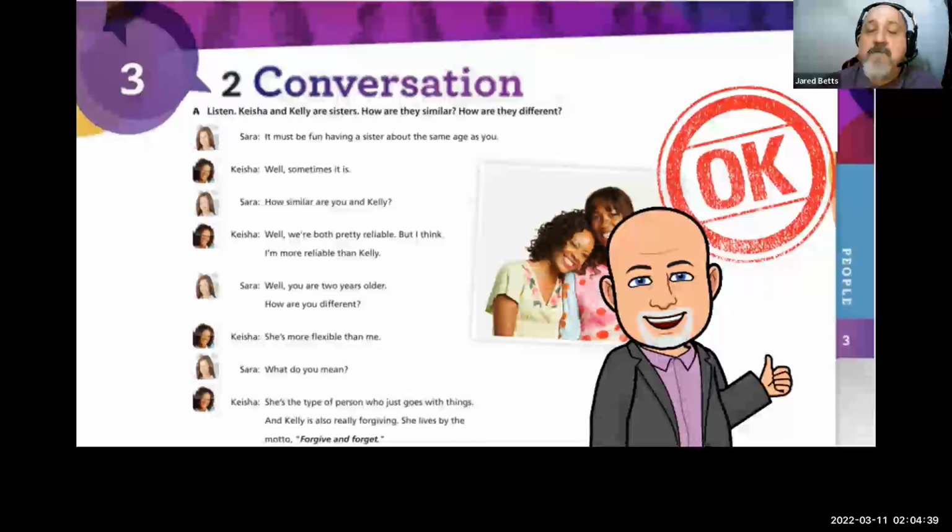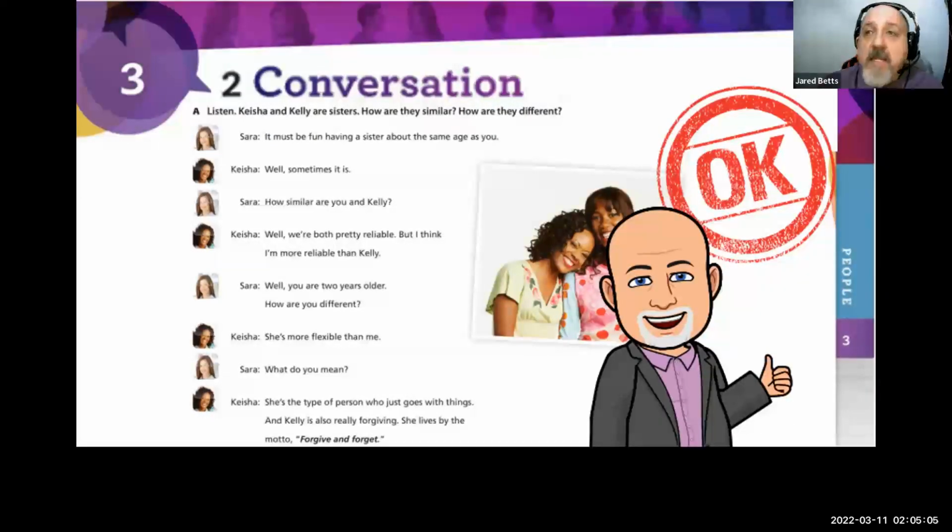Well, we're both pretty reliable, but I think I'm more reliable than Kelly. Well, you are 2 years older. How are you different? She's more flexible than me. What do you mean? She's the type of person who just goes with things. And Kelly is also really forgiving. She lives by the motto, forgive and forget.